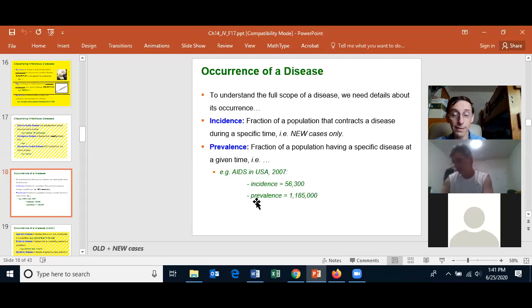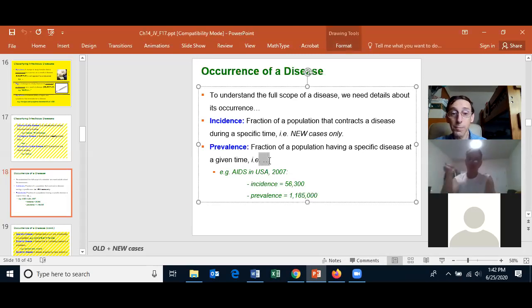So the prevalence is larger than the incidence, because the incidence is only counting the new cases, those people who recently became infected. Any question about that? When you're counting the prevalence, like patients who had COVID-19, that's also counting people who had the disease and got better. They recovered.